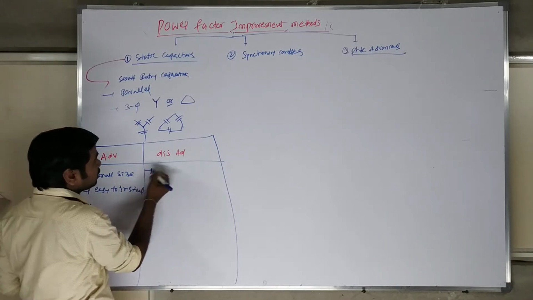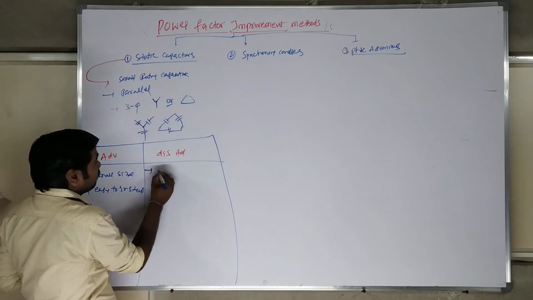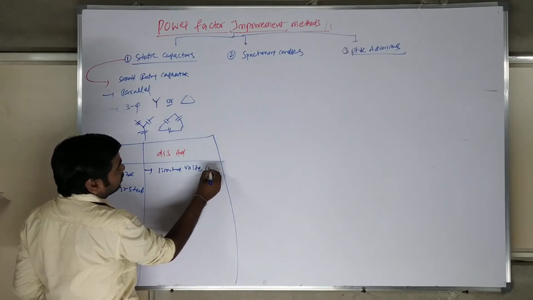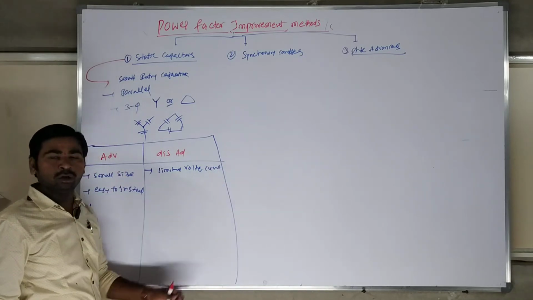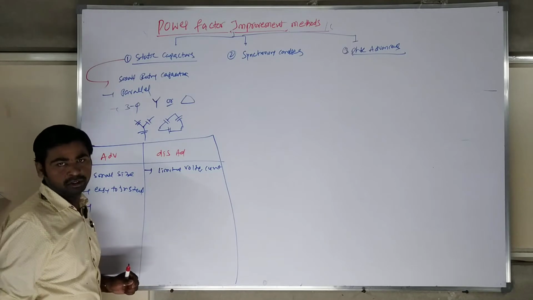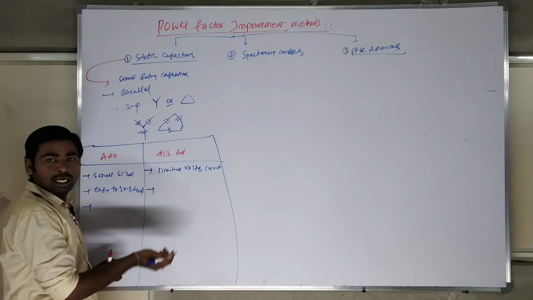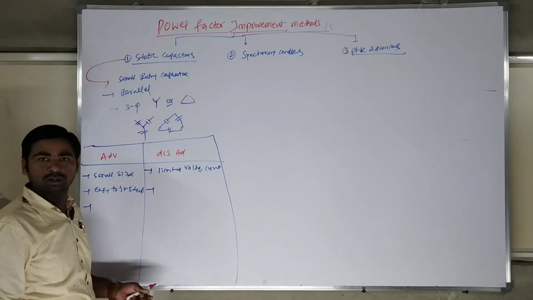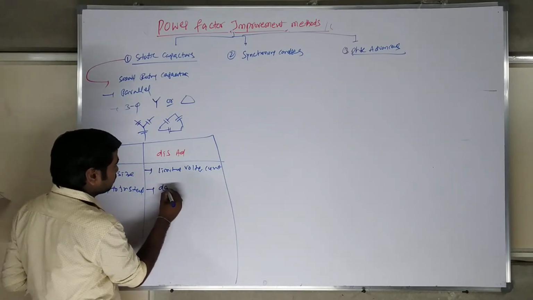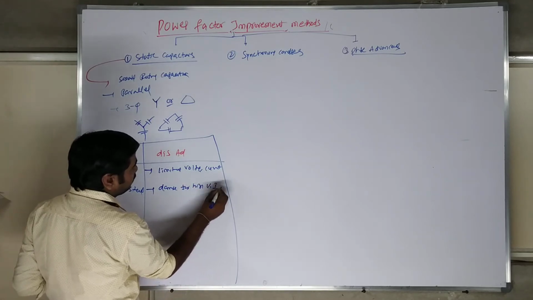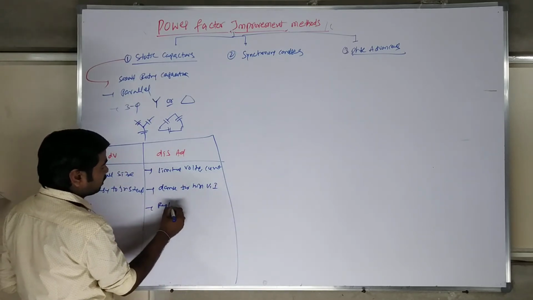What are the disadvantages? They have limited voltage and limited current, so you can use them only up to a small rating. If higher voltage or higher current comes, the static capacitor is going to be damaged. Once damaged, replacement with a new one is required.